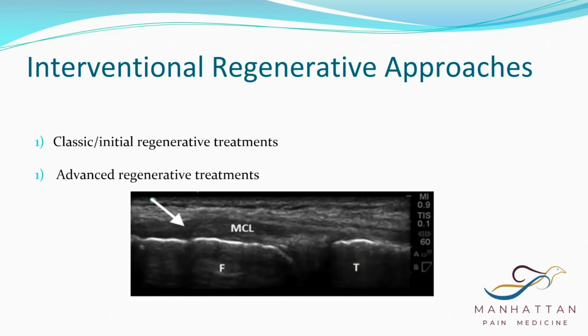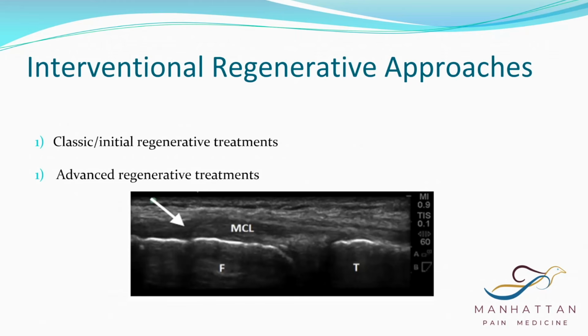I maybe didn't mention this before, but this is a picture under ultrasound of the medial aspect of the knee and the ligaments, meniscus, and joint. We do all of our procedures under ultrasound in order to correctly identify where the needle is being placed. I'm additionally board certified in diagnostic musculoskeletal ultrasound, so I'll often do a complete joint exam.